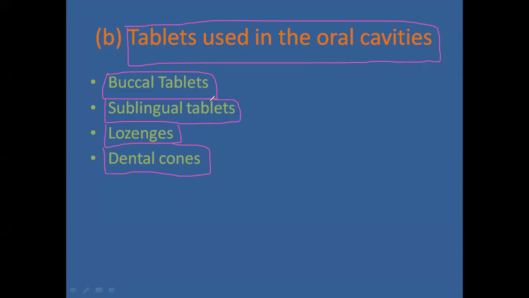Now you may have heard about the buccal tablets, sublingual tablets, lozenges and dental cones. Okay. So in the further part of the lecture, we are going to see each of these, okay, with examples and what they are all about.